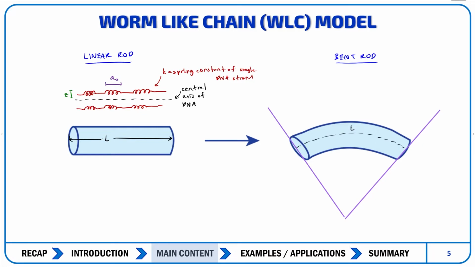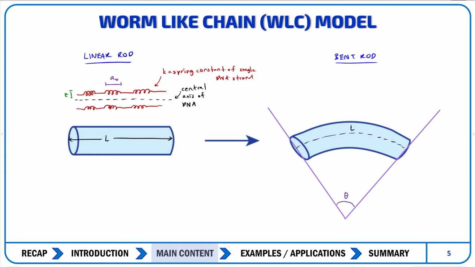Like this, just so that I can have some sort of angle here that I label theta for the angle of bending. Now we know that L is here, so when we are modeling something, we can consider that as a length.